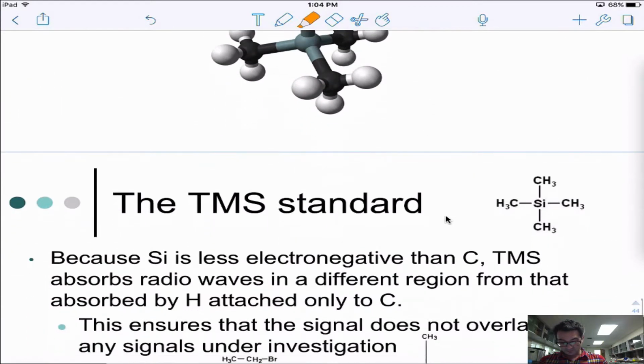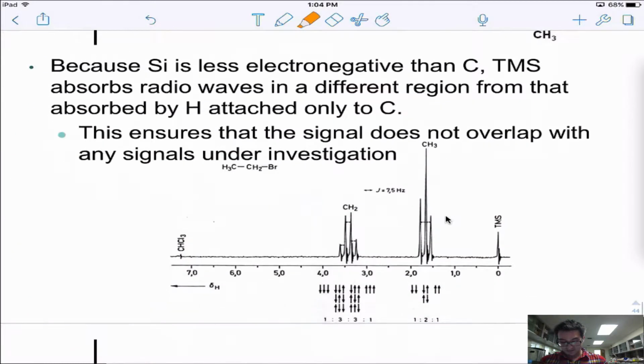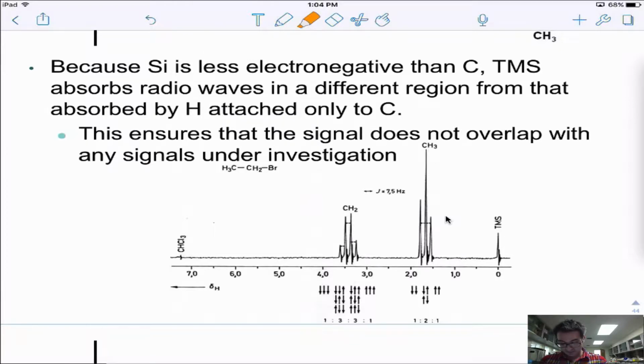So when we look at the TMS on a graph, here it is at the end here. And notice how there's only one peak for this, and that one peak shows that all of the hydrogens that are attached to the silicon and to the carbons in the methyl group are identical.